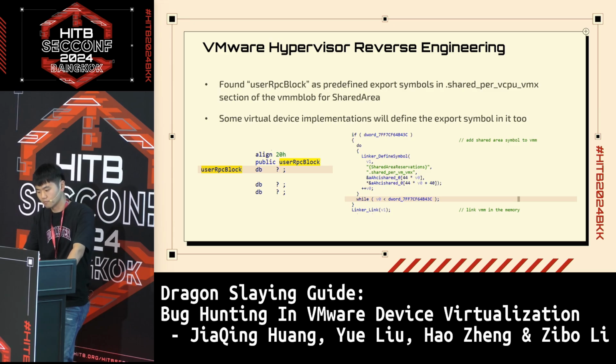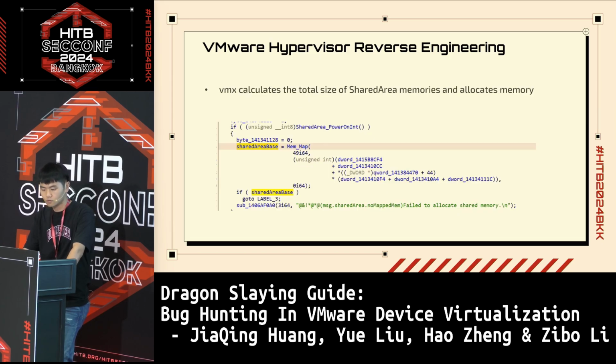This is because some virtual devices that require shared memory will need to link to it too. After these symbols have been defined, VMX will calculate the total size of shared memory and allocate the memory space.